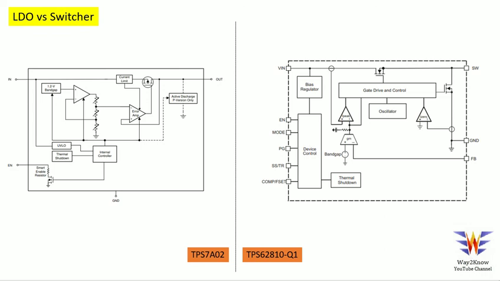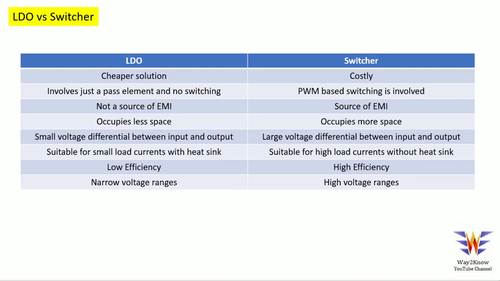Now let us actually see the major differences between them. If you see the LDO and the switcher, the LDO, as we said, has a very low component count, so it is definitely a cheaper solution, whereas the switcher is a costly solution because you should have all the inductors and respective elements outside.